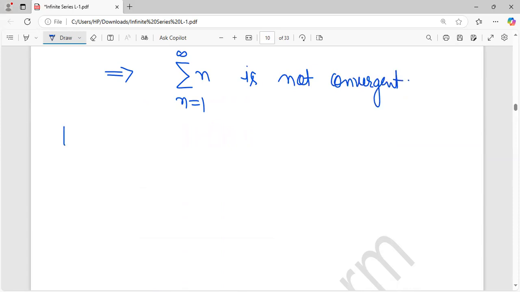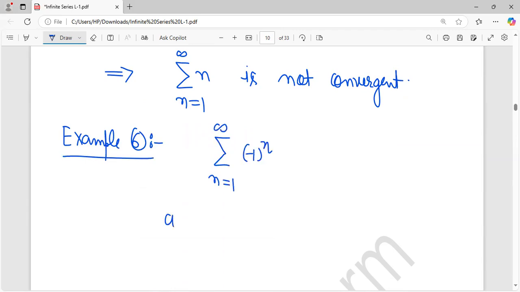Okay. So example 6, you see this series n goes from 1 to infinity of (-1) to the power n. So what is an?